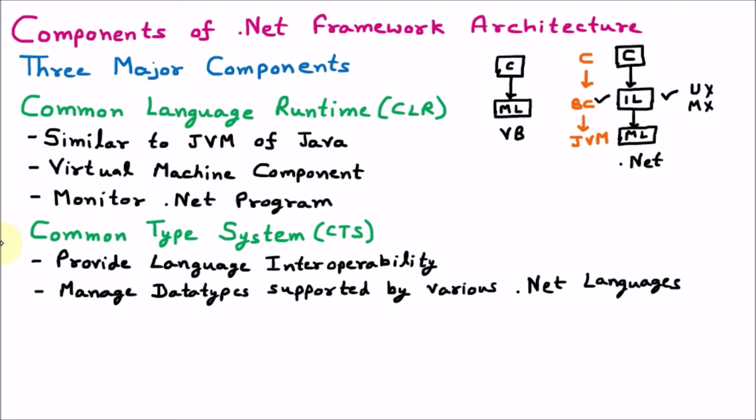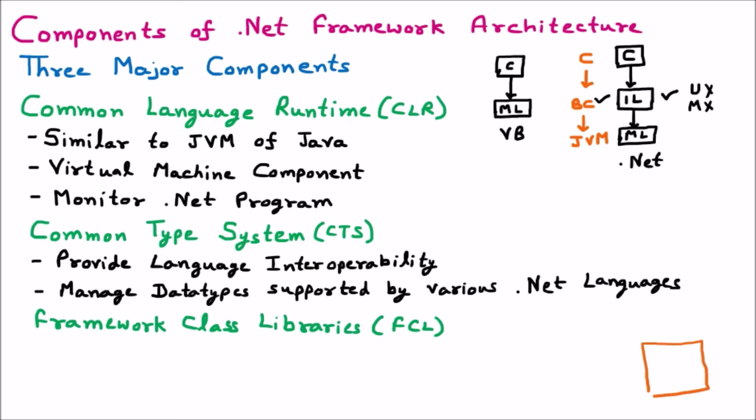Now if you talk about the third component of .NET, then it is the FCL, which is Framework Class Library. Talking about the framework class library, we know that whenever we write a program in any language, we use some functions. Let's say if you talk about C, we use the printf function.